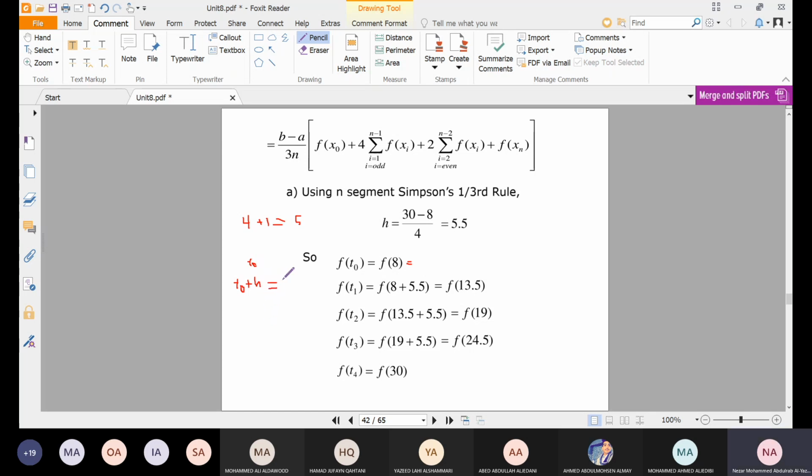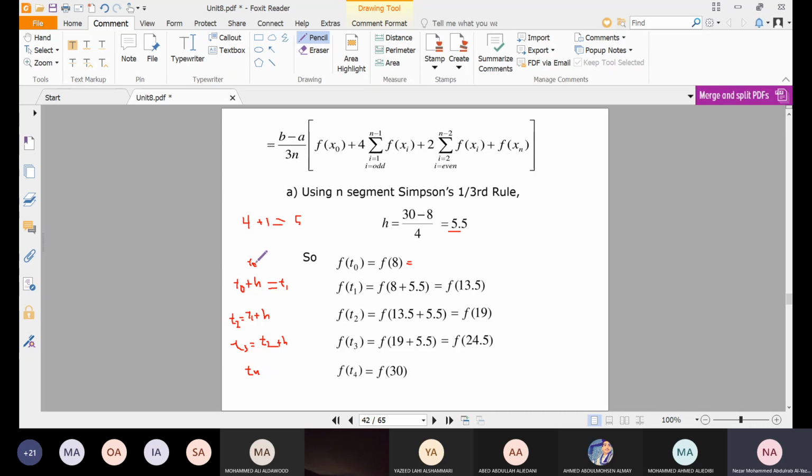We use the step size h. Then t2 is equal to t1 plus h, using the step size that we have here, 5.5. And t3 is equal to t2 plus h. And here we have t4, or tn.